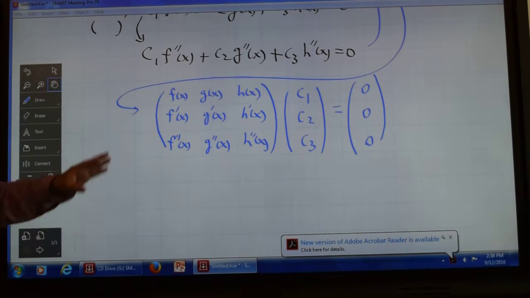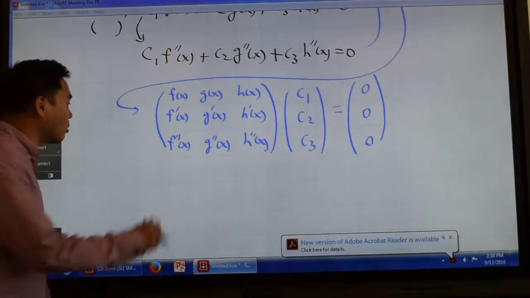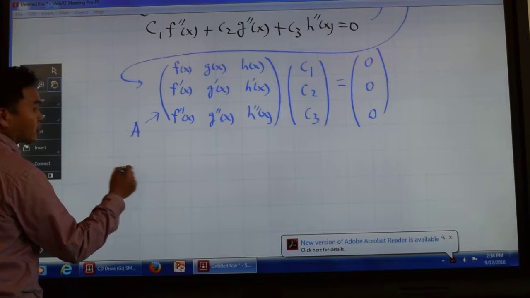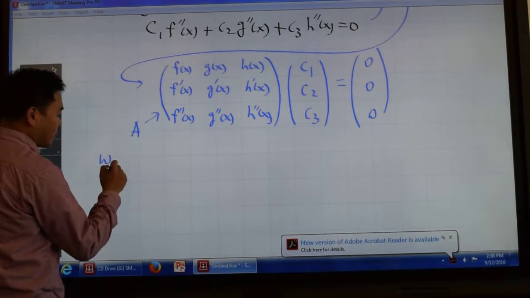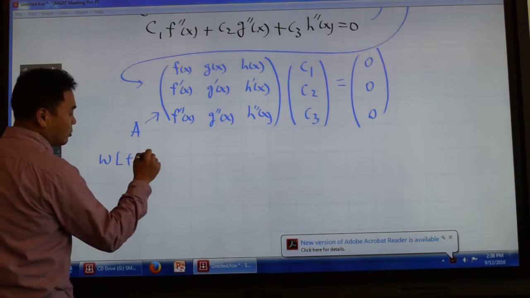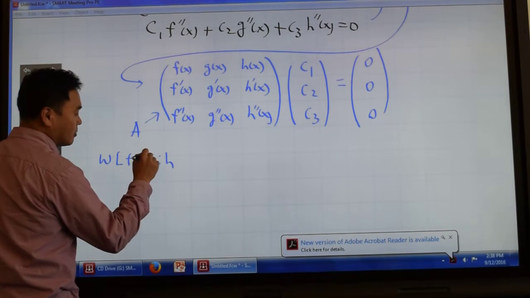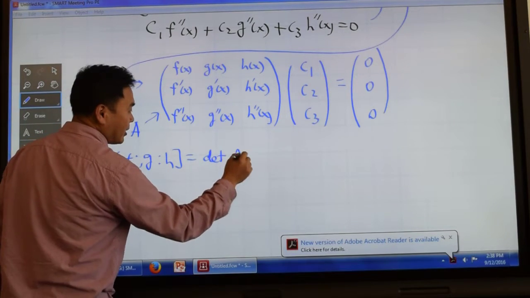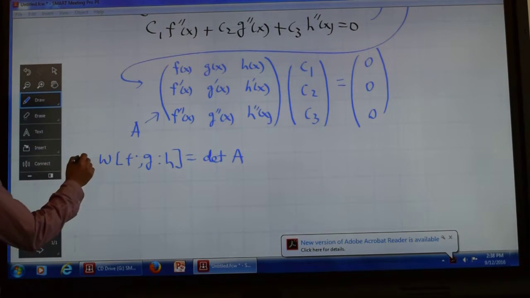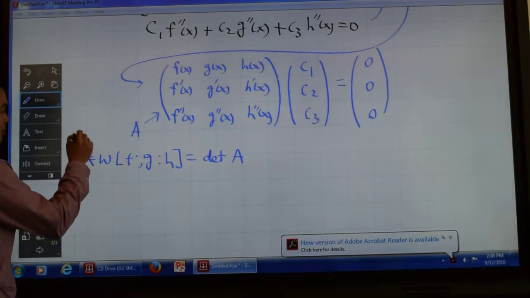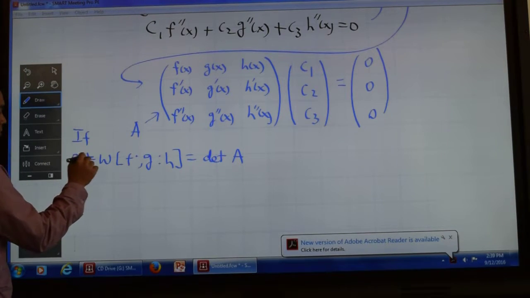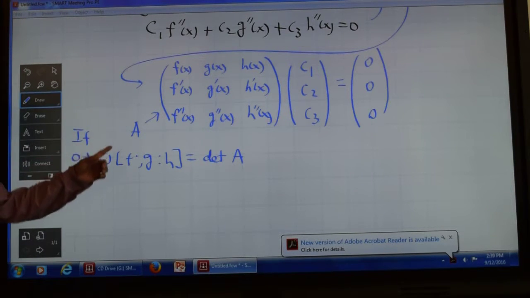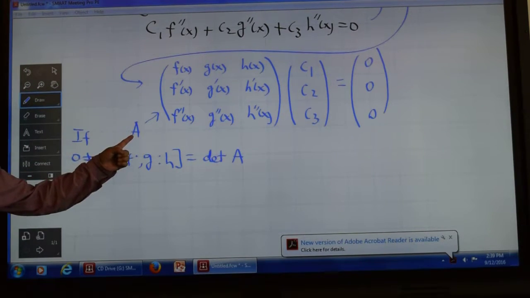If it's non-zero, we know that it has an inverse. So if I call this A, then the Wronskian of f, g, h is really the determinant of A. And if this is not equal to 0, that means the determinant is not equal to 0. That means the inverse of this matrix exists, right?